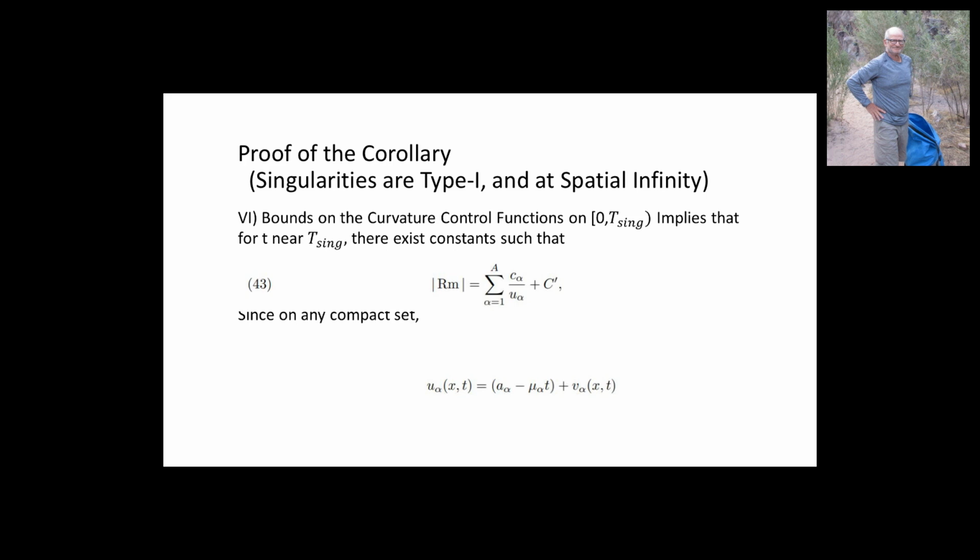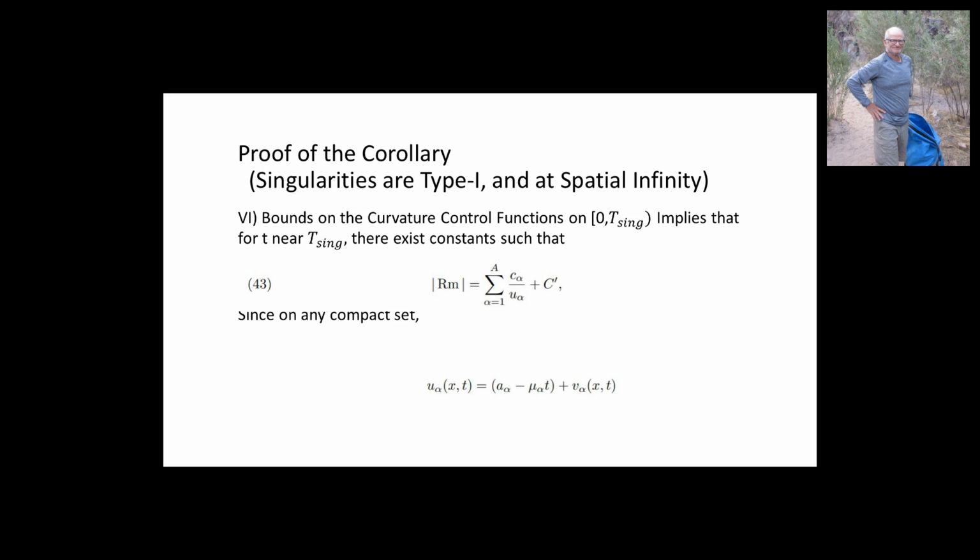The sixth step is to show that we have bounds of the curvature control functions that are uniform to the singular time. This implies that for t sufficiently close to the singular time, there exist certain constants, called little c alpha, such that the Riemann curvature is given by this equation.